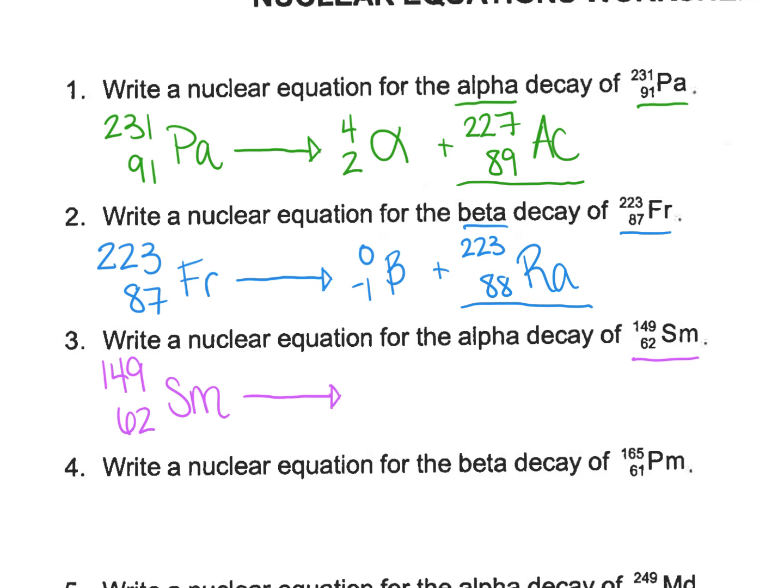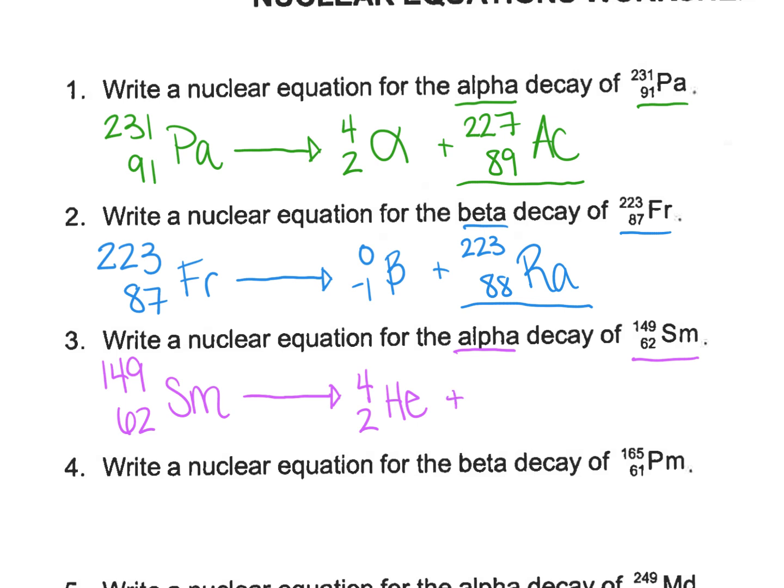Arrow. Okay. And then what kind of decay is samarium going to undergo? Okay, alpha. So what kind of particle will it produce? Alpha decay is going to produce an alpha particle. So that's 4, 2. And then this time, instead of the alpha, I'm going to write the helium, just so you can see an alternative way to write it.